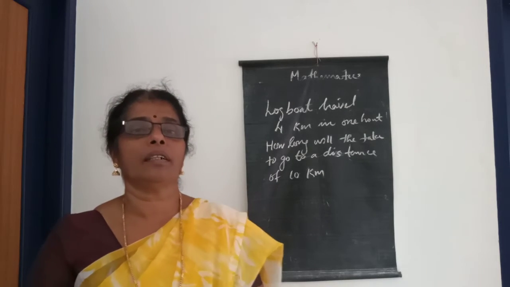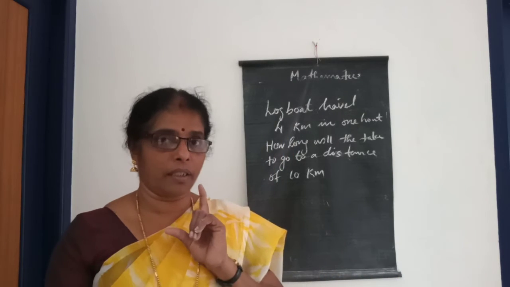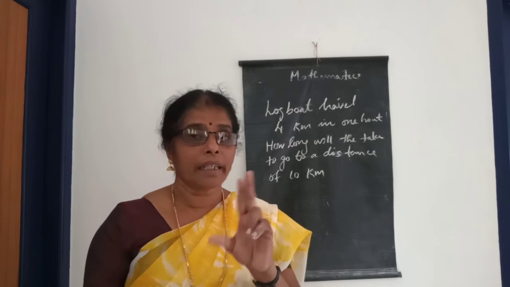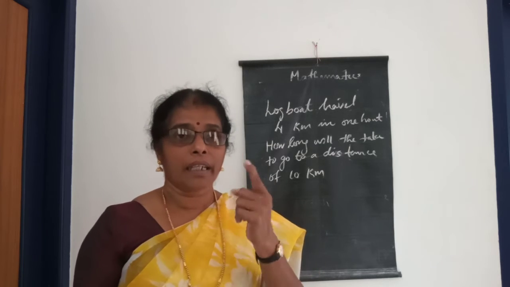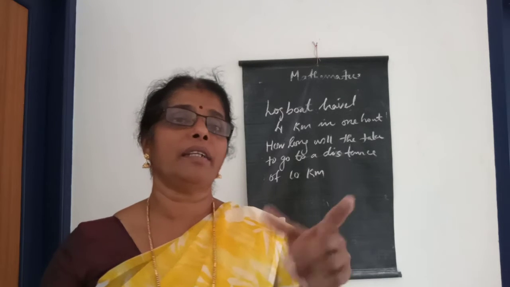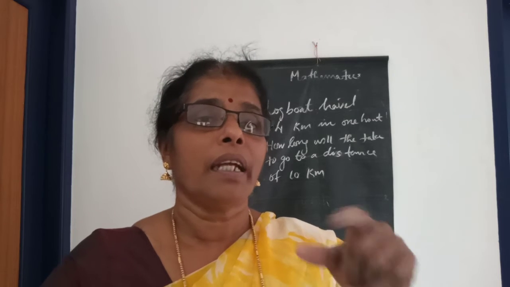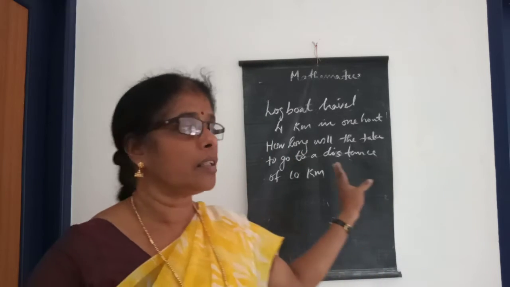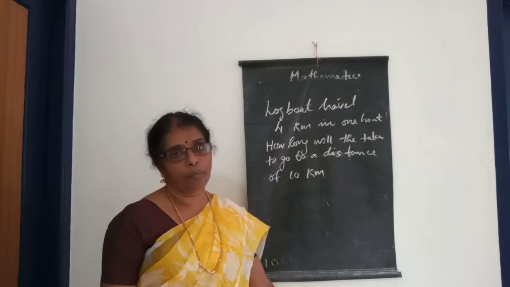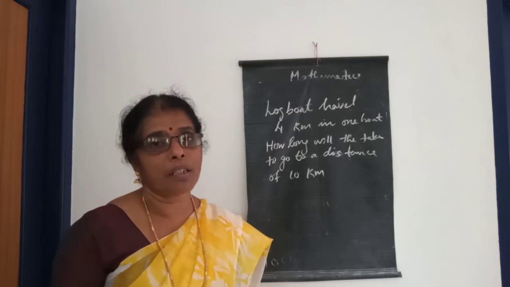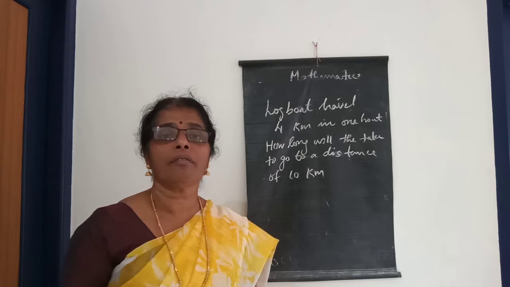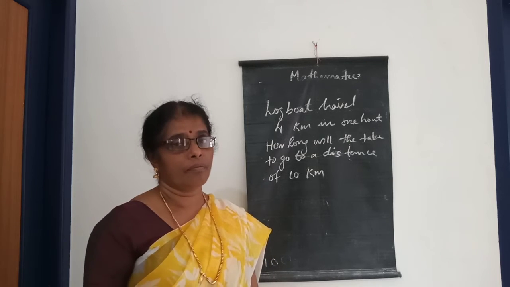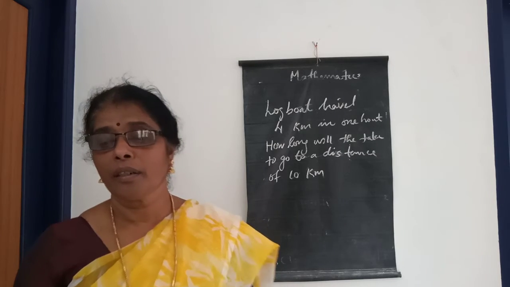In 1 hour they can travel 4 kilometers, then in 2 hours they can travel 8 kilometers, isn't it? Then the remaining is 2 kilometers. That 2 kilometers is half of 4, that is half of 1 hour. Then 2.5 hours. Okay, you can do it.